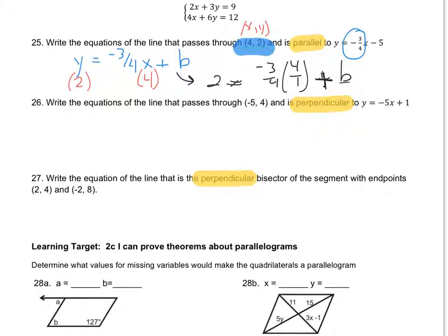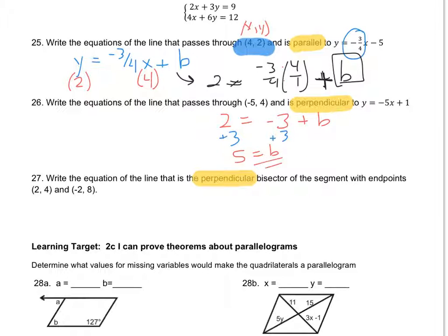And again, I'm keeping this as a letter till I figure it out. I'll jump down below here and write as we continue above and below. 2 equals, let's see, -3 times 4 is 12, and 12 divided by 4 is -3. And then finishing up the solution by adding 3 to both sides, I end up with 5 equals b.